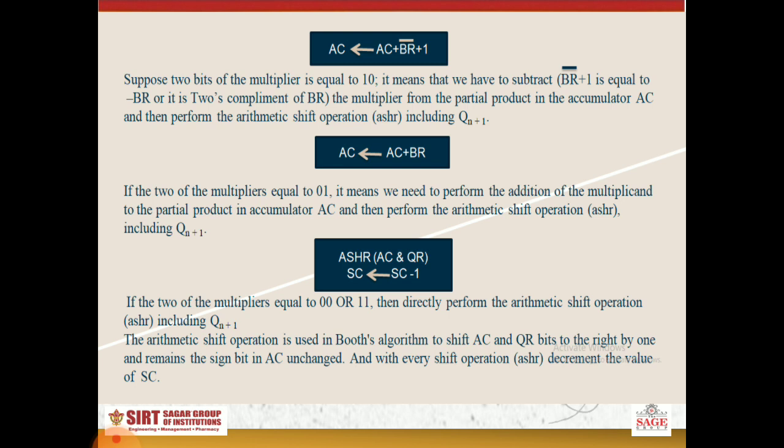If the 2 bits of the multiplier are equal to 0 1, it means we need to add the multiplicand to the partial product in accumulator AC and then perform the arithmetic shift operation including Qn plus 1.